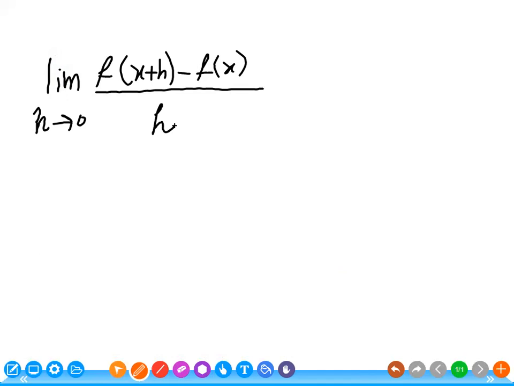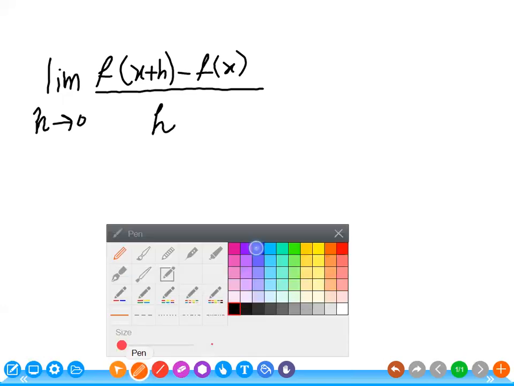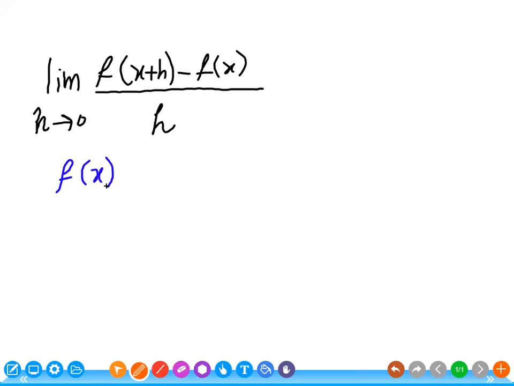We use this limit where h approaches 0 to find a derivative. Later on, once we start differentiating by using derivative rules, you can compare the answers and they will be the same. Now, if I want to differentiate a function by using the definition, let's say that you have f of x is equal to 3x minus 10.